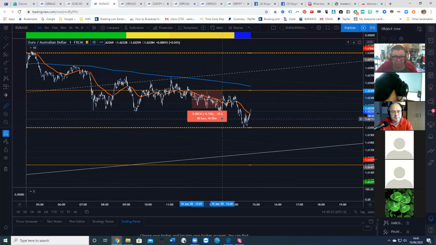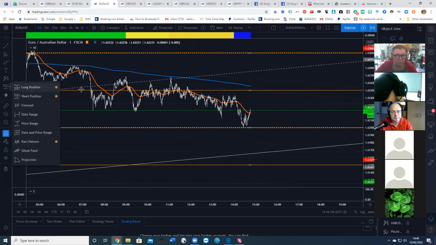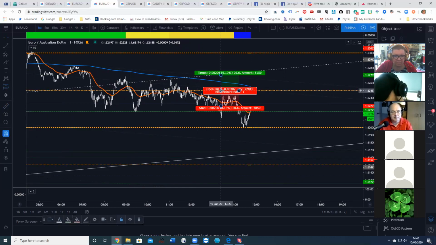So if you'd covered your pitchfork as well, you would have got about 35 pips in an hour and a half there. So you could have had the confidence to have stayed in that, except that would have been too big a stop loss for me on that one. So I probably wouldn't have done that one.